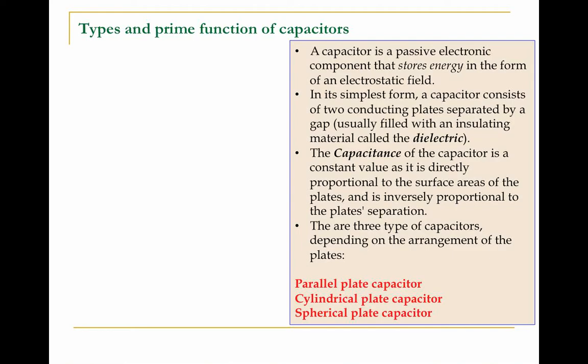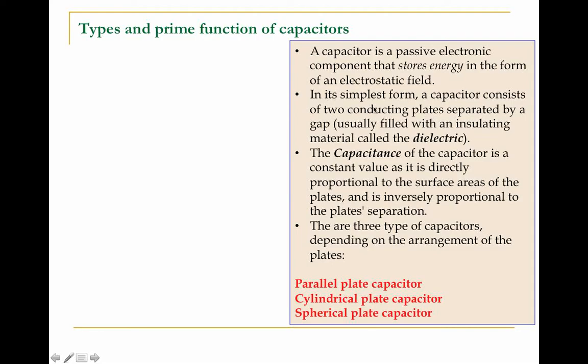So we just reminded ourselves of what happens when I have a uniform electric field: a charge will move along the electric field only if it experiences a potential difference, which is defined as E multiplied by D. So a capacitor, as everybody knows, is simply a passive electronic device that is used to store energy.